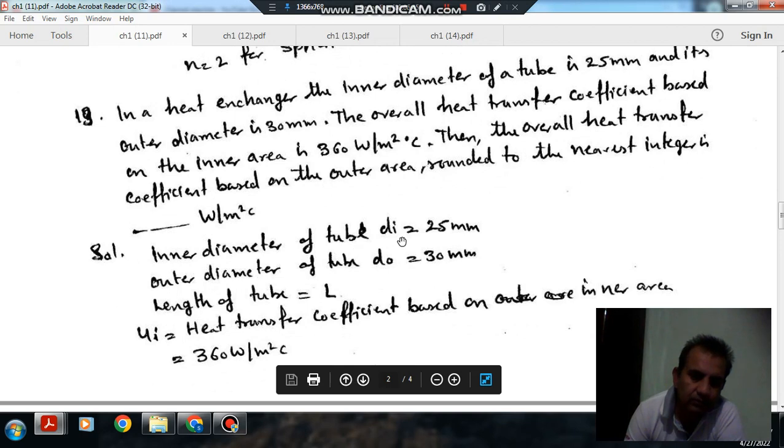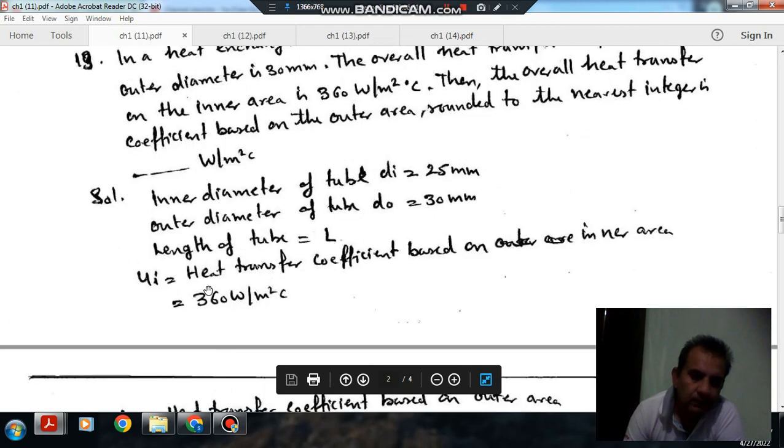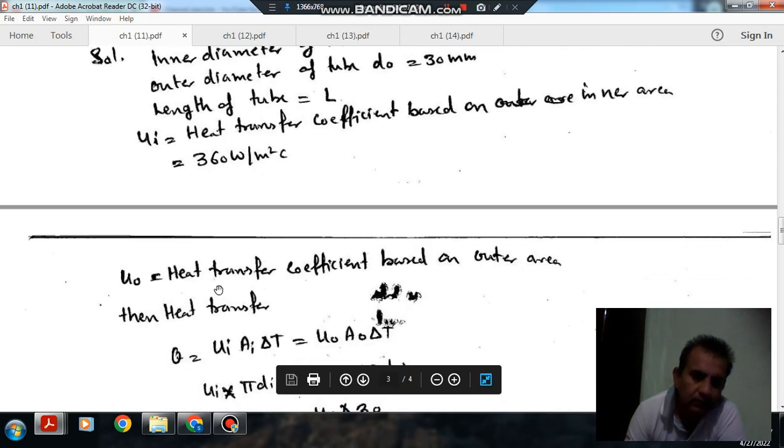Inner diameter of tube di is equal to 25 mm. Outer diameter of tube do is equal to 30 mm. Length of tube is L, and Ui is the heat transfer coefficient based on the inner area, 360 watt per meter square, and Uo is the heat transfer coefficient based on outer area.